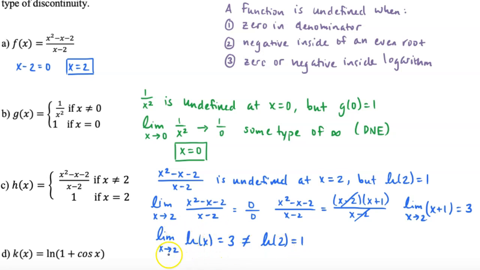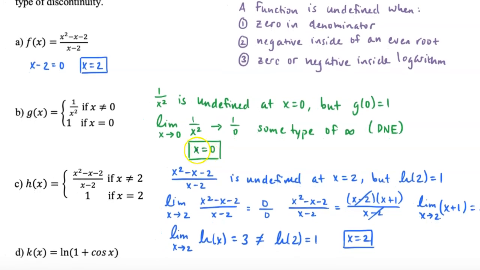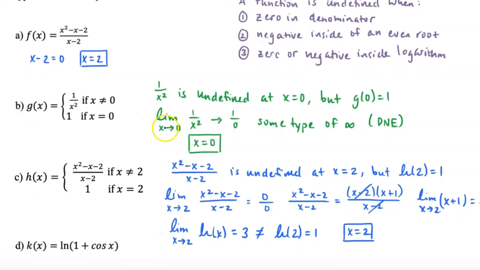Because the limit as x approaches 2 of h of x does not equal h of 2, then I can say that there is again a discontinuity at x equals 2. And we'll see the difference between these two things graphically. Up here in part B, we found out that the limit doesn't exist. For some value of x, here the limit exists, but it doesn't equal the actual value of that function at the point.